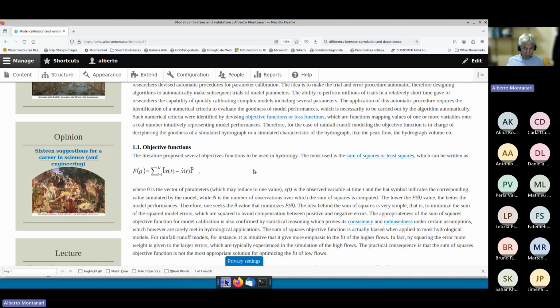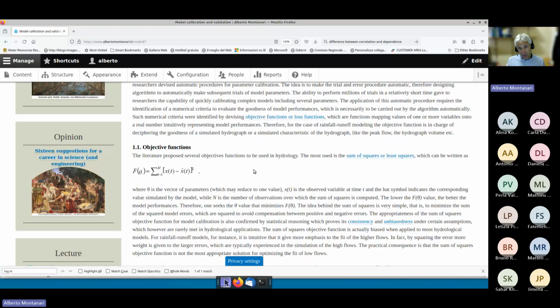In fact, you may remember, and we will repeat it, that when we tried trend estimation, we took the square root of the least square objective function in order to compare the results between different trials. Why did we take the square root? Because it's a smaller number, and therefore it is a bit easier to understand. It's easier to compare. So this is another limitation of the least squares objective function.